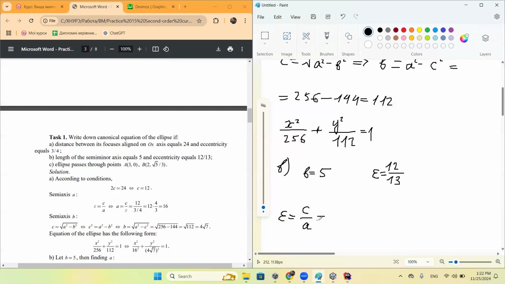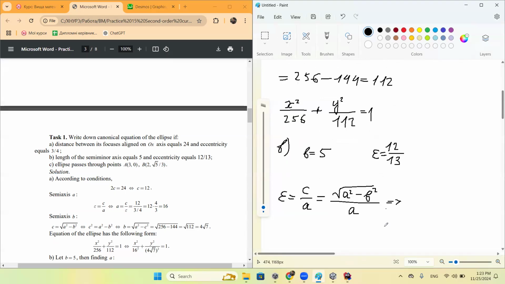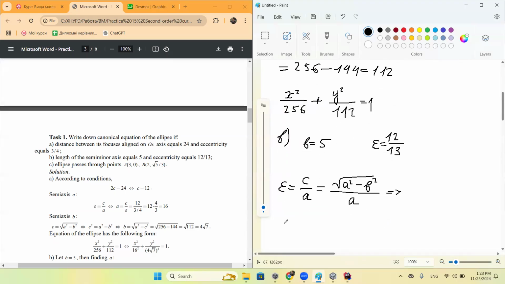So for C, A to the power of 2 minus B to the power of 2, substituting this expression by A. And then we need to solve this equation with respect to epsilon, to A. So what do we have?